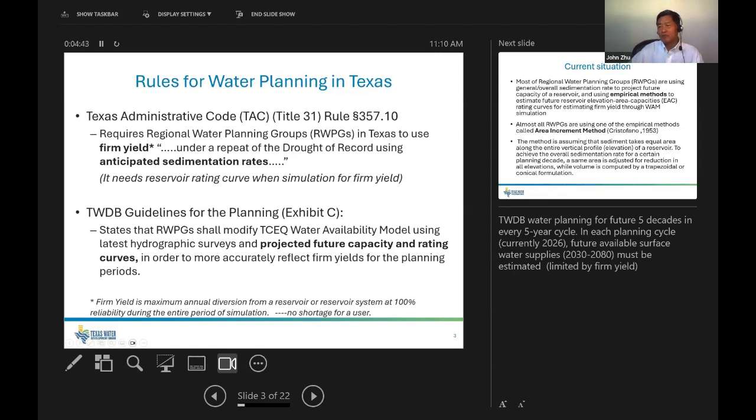So here is the requirement. They will have to use this by this guideline.